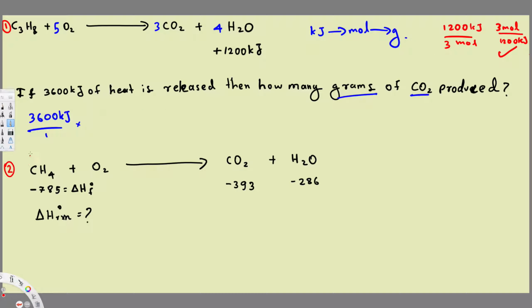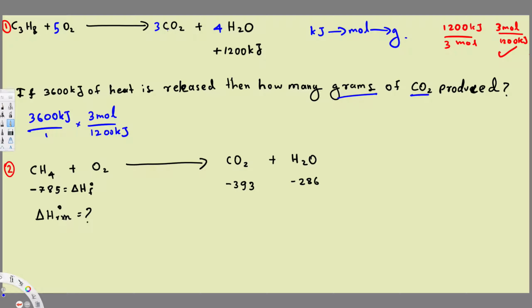So let's plug the values right here. Here we are going to have 3 moles divided by 1200 kilojoule. Now we have converted kilojoule to mole. Now we have to convert mole to grams. That's the question, right? To convert mole to grams, we just have to multiply by the molar mass.